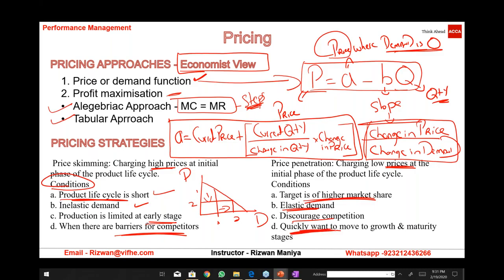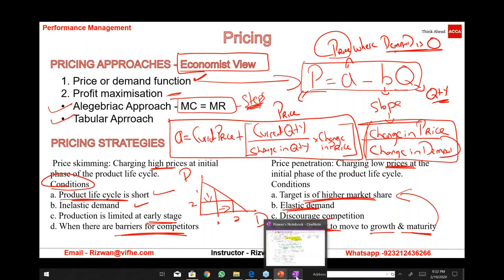And when you want to quickly move to the growth and maturity stage, if you charge a lower price, you get a bigger market share. Once you get a bigger market share, you can quickly move from the introduction to the growth and maturity stages.